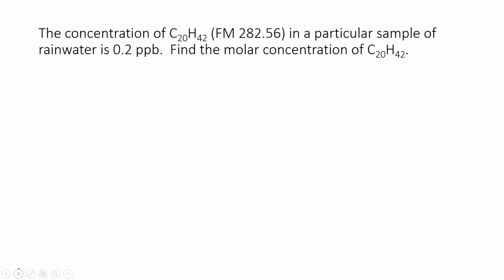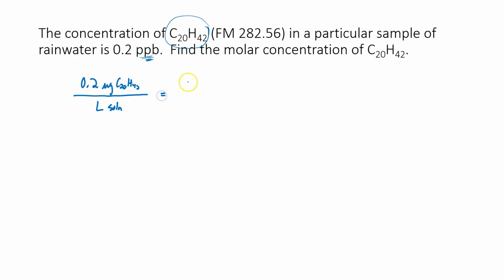So now they're telling us that we've got a rainwater sample and that it's 0.2 ppb of this alkane. So I'm going to rewrite ppb as micrograms of that alkane for every liter of solution, and our solution is rainwater, but I'll just call it solution.